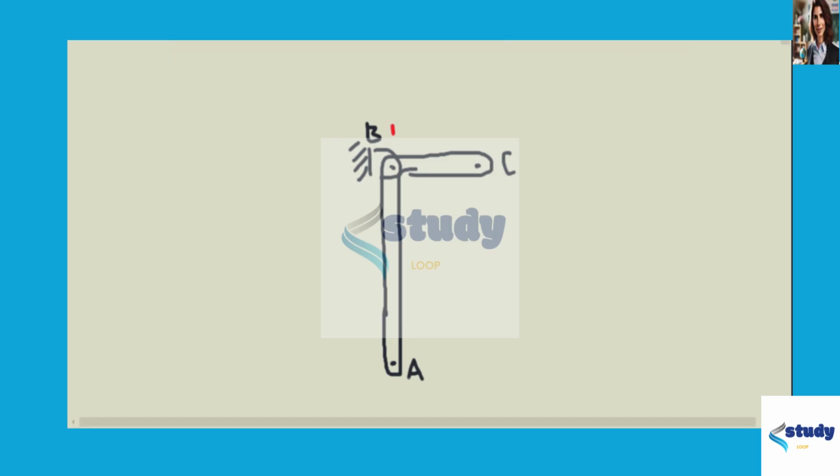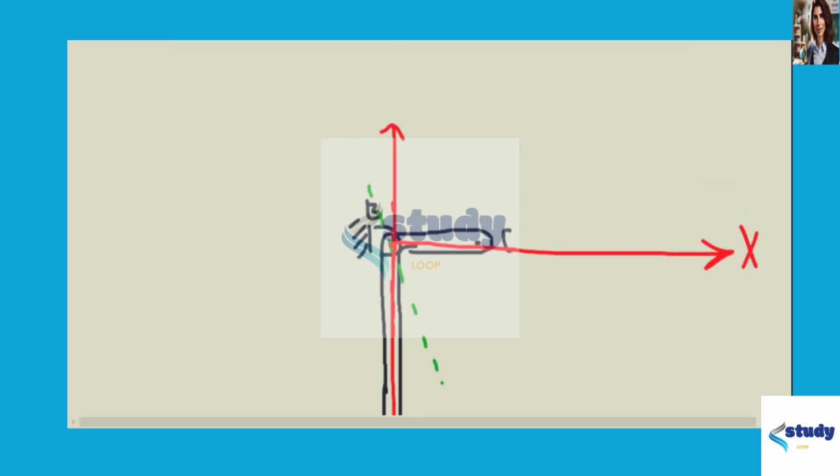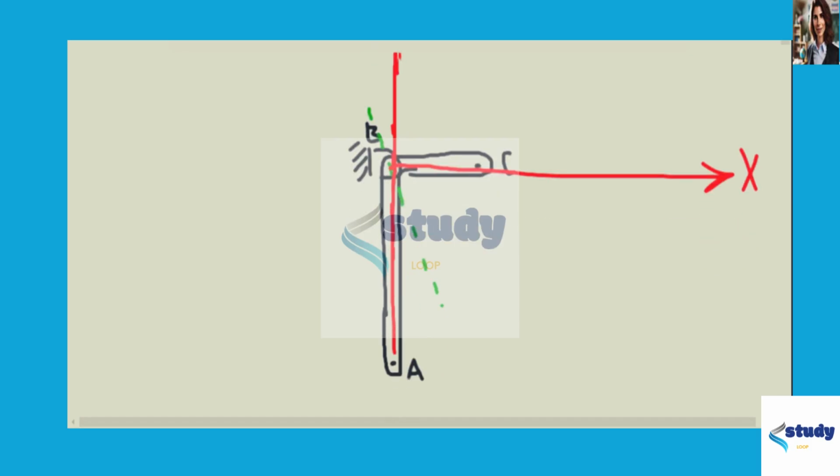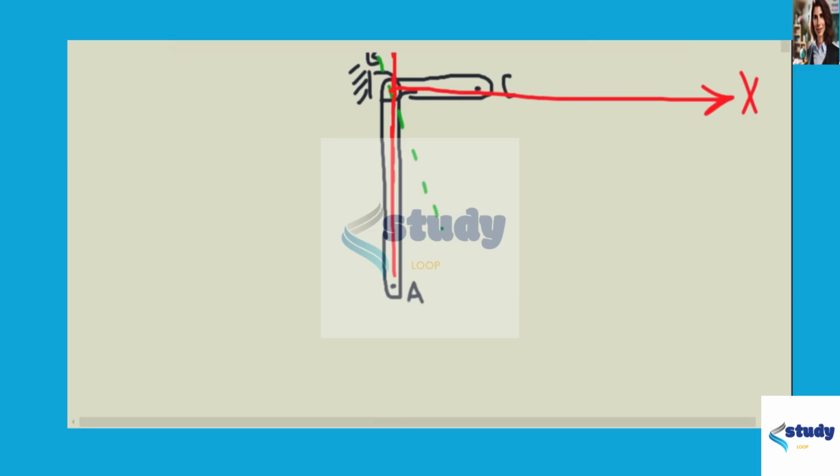Now, if it made a turn like this, where actually this red one, I'm going to make it solid. That's the Y direction, and I'm going to call this the X direction. So X, Y. All right.